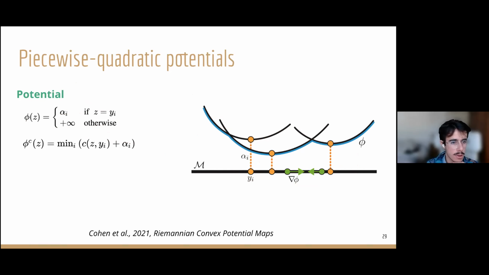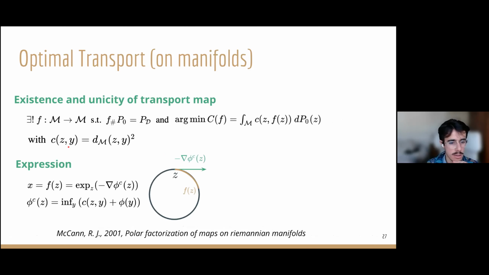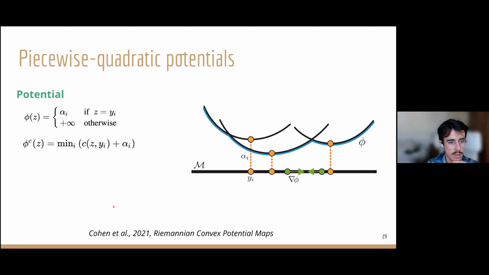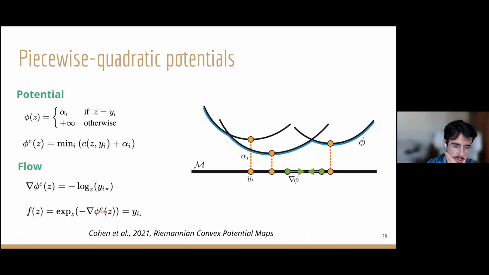That's the dual potential, and the potential defined with this formula is given by this. What's nice is that the flow, which is the exponential map of minus the gradient of your C-concave potential, is easy to compute and tractable because of their choice of parameterization. I guess that comes at the cost of expressivity, of course.